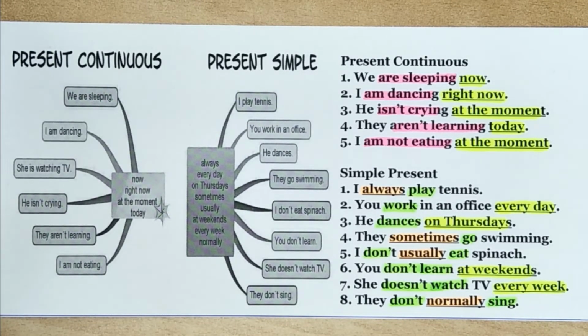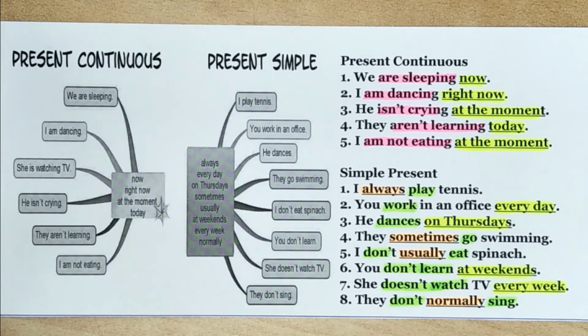For simple present, I've colored the verbs green. Again, the time elements are yellow. The time frequency adverbs like always, sometimes, usually, normally, I've colored orange. 1. I always play tennis. 2. You work in an office every day. 3.